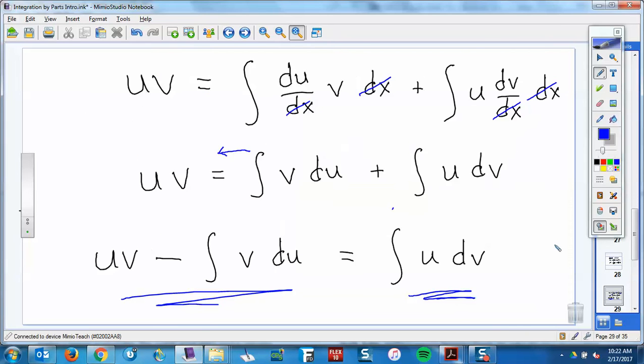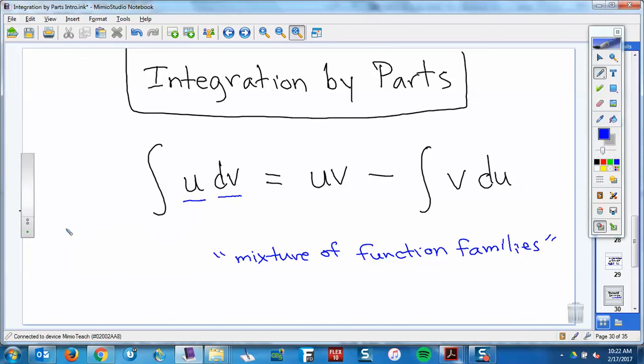So the ones that are going to be integration by parts are usually going to look like this: x e to the x, e to the x sine x, x squared ln x, ln x times cosine x. Something like that. They're going to be pretty simple, and they're usually going to be multiplication.